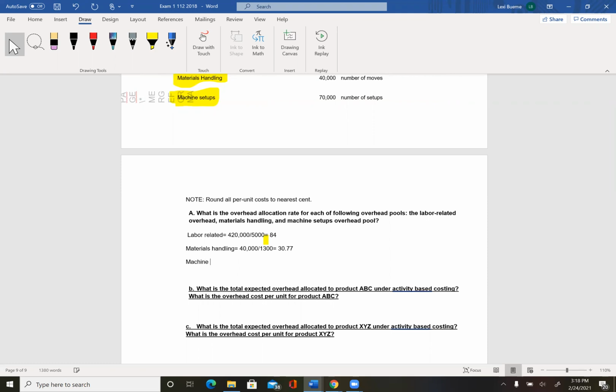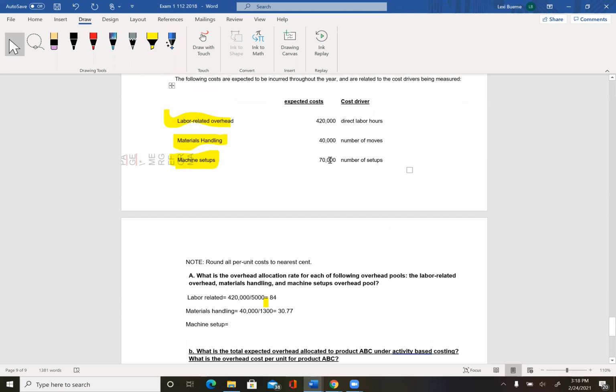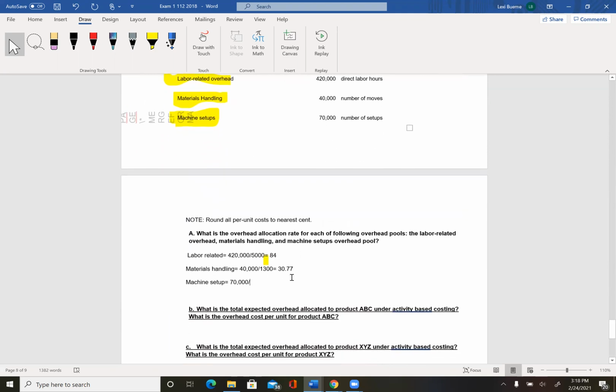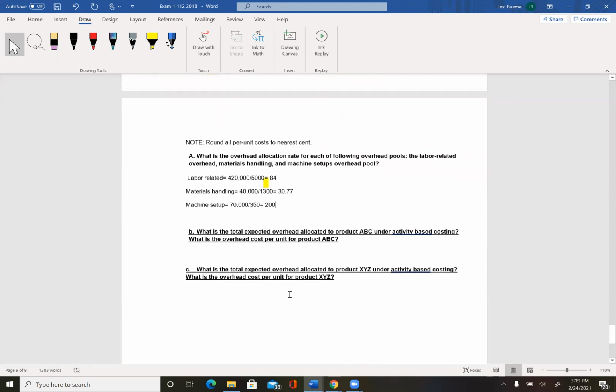And then machine setup, that's right here, the 70,000, divided by the 350, which is the machine setup right here, the total. And that's going to give you 200. So those are each individual rates for the different pools. That's all for A.